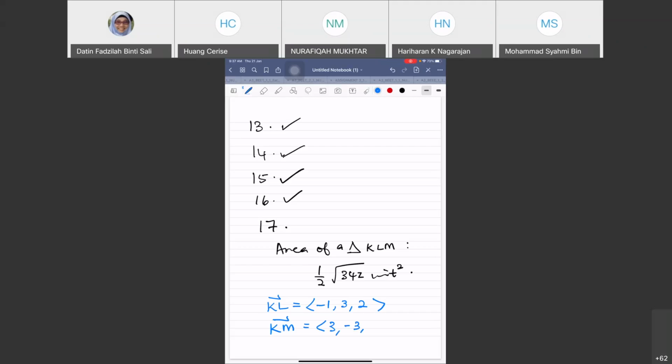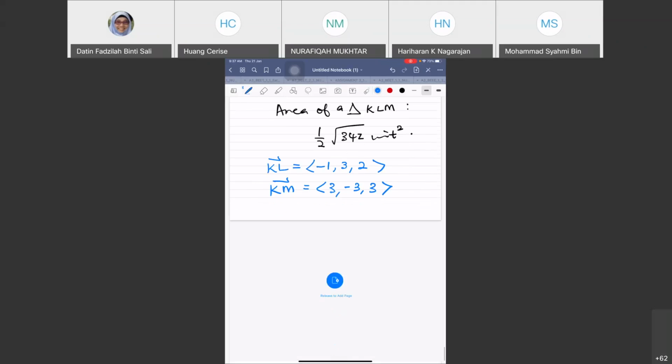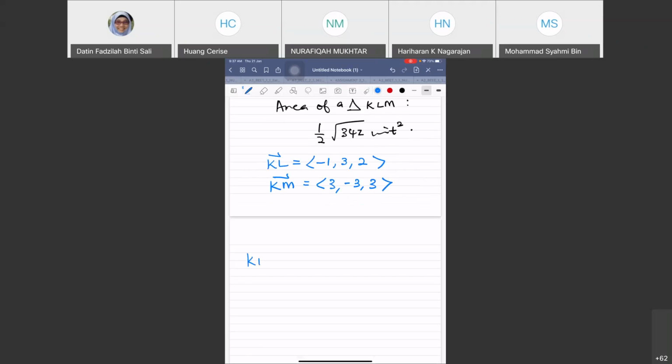Okay, so that means we find KL cross KM, which is the determinant with i, j, k, -1, 3, 2, 3, -3, 3. So what's your answer for the cross product? 15i plus 9j plus 6k.